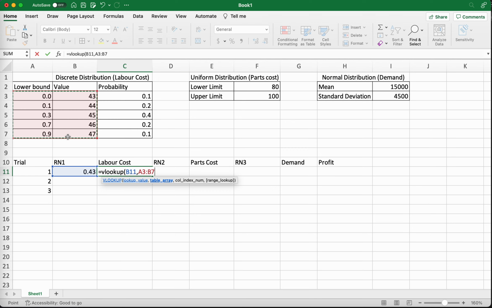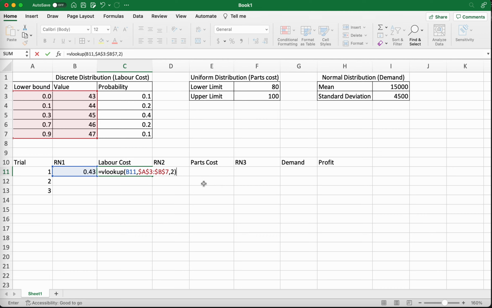Because we'll always be referring to the same numbers, I'm going to make these absolute references: A3 to A7, all with dollar signs. The lookup value is not with dollar signs.